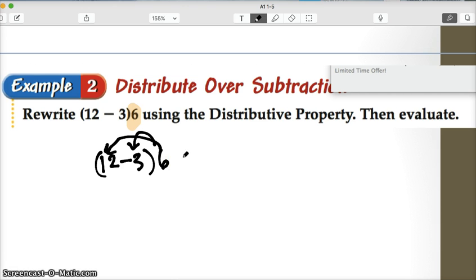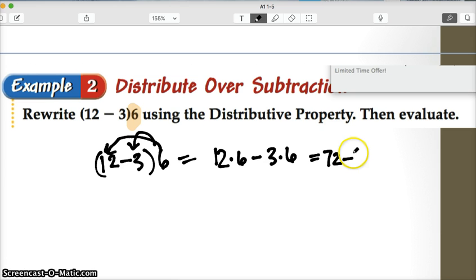Okay, so this is equivalent to 12 times 6 minus 3 times 6. And so now that we've rewritten it using the distributive property, we shall evaluate. 12 times 6 will give me 72. And 3 times 6 gives me 18. When I find the difference between the two, I get 54 as the result.